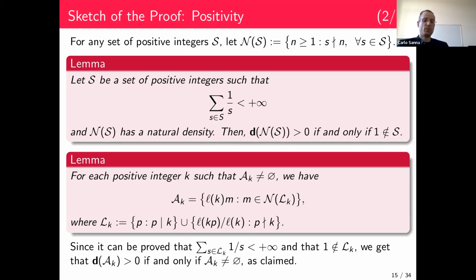Since it can be proved that the sum of the inverses of the elements of big L sub k converges, and that one does not belong to L sub k, then we get that the natural density of A sub k is positive if and only if A sub k is not empty.